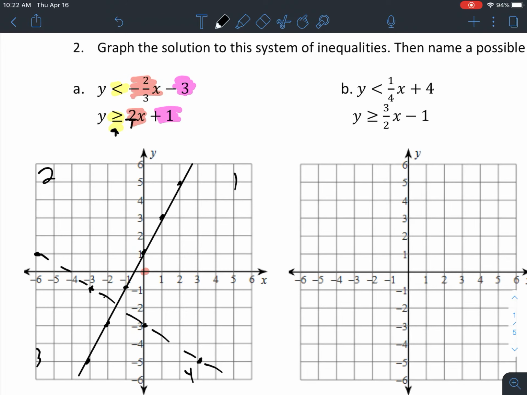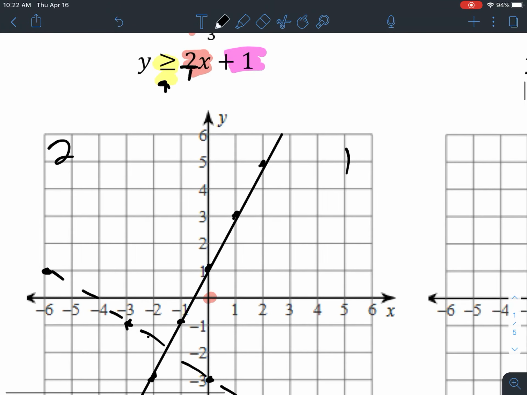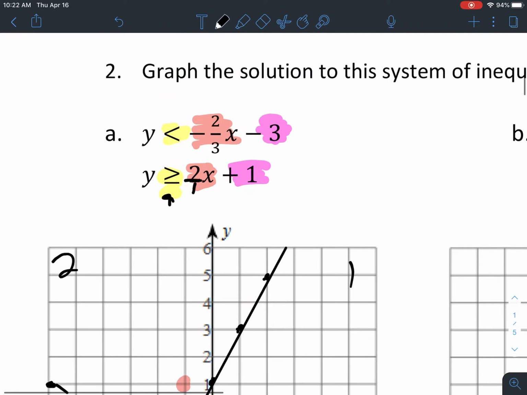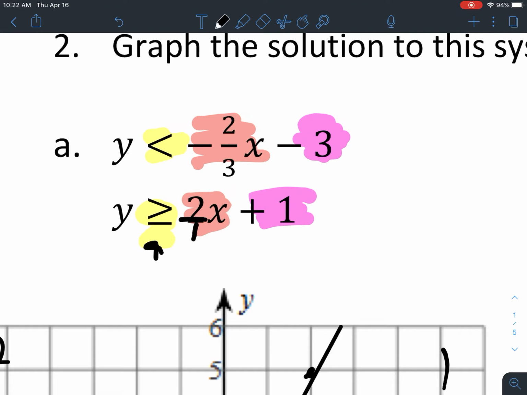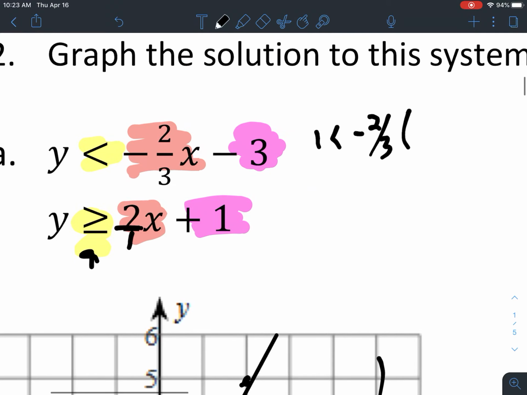Now let's check on number 2. Let's check this side over here. Now I want to use the point negative 1, 1. So we're going to use y as 1 and x as negative 1. Okay.